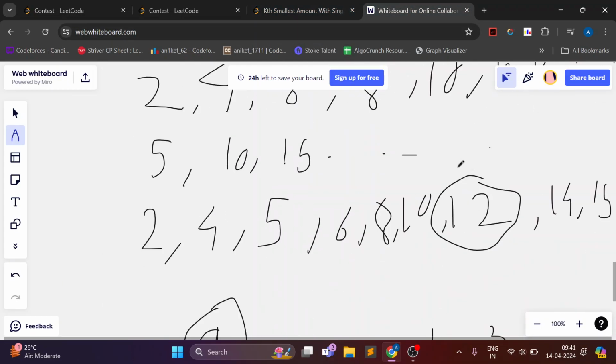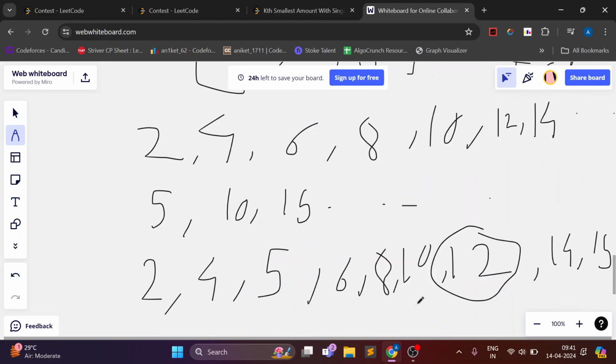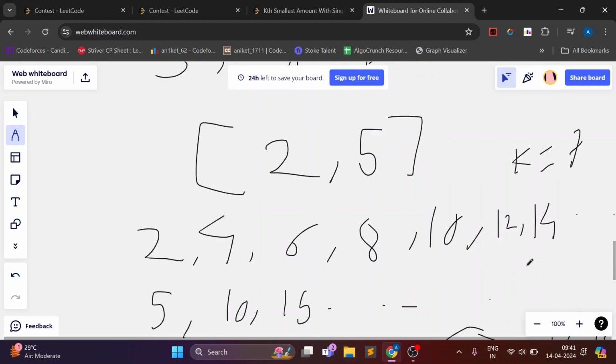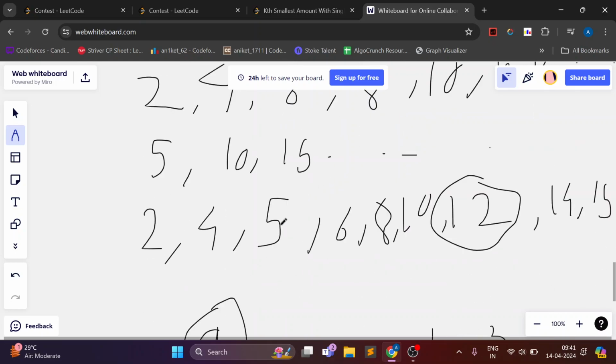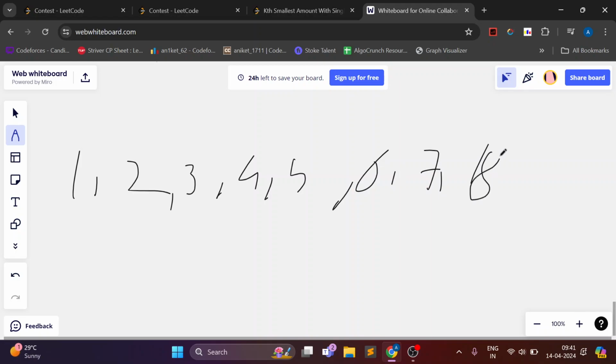Similarly, in this case, if 12 was my answer, that means from 1 to 12, there should be 7 elements which are divisible by one of the coins. So from 1 to, let's just write them, 11 and 12.